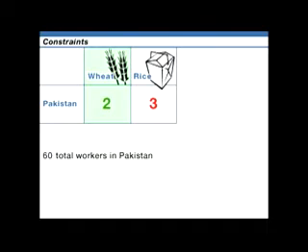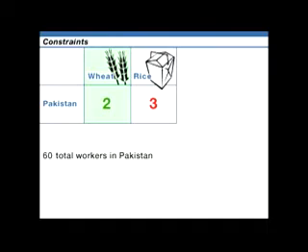Now, let's introduce the constraint on Pakistan's production. Suppose that there are 60 workers in Pakistan. These 60 workers can be used to produce wheat or rice, but the amount that can be produced will be limited by the technology.